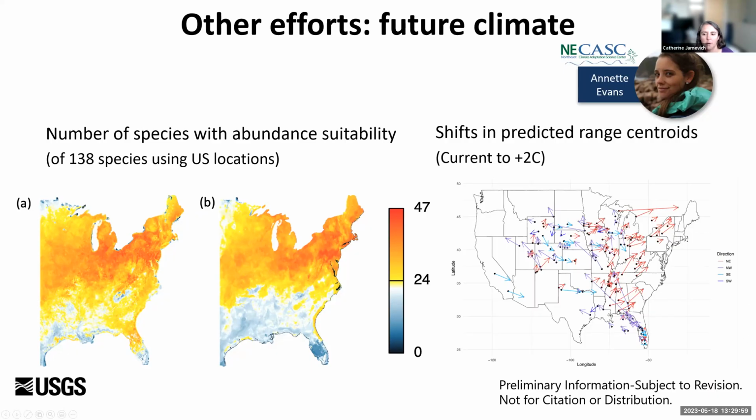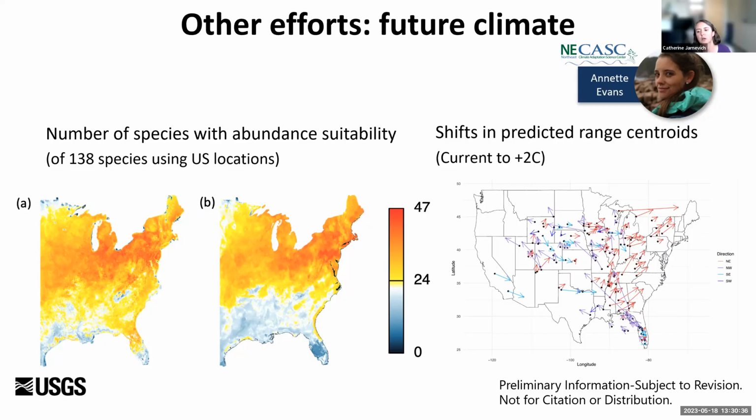But one thing we were able to look at with this is how range centroids may be shifting with changing climate. This graph on the right is showing each dot represents the centroid of a species range under current climate conditions, with the arrow indicating the shift in that centroid with a 2 degrees C increase.